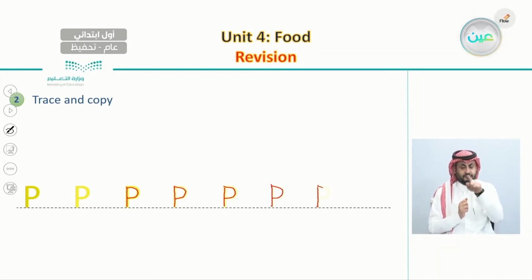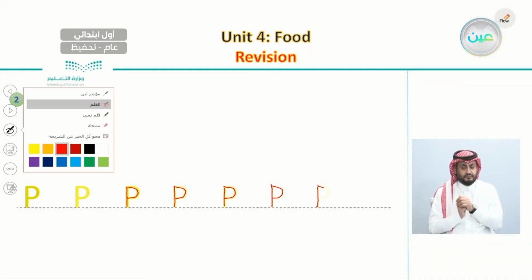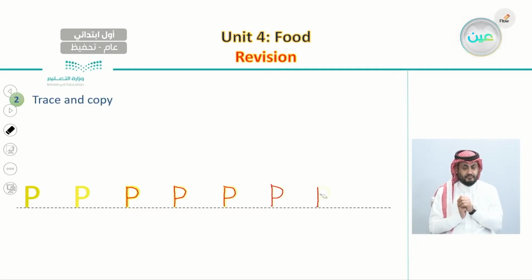You have to practice tracing so you can write the letter on your own without any mistakes. So now, after we finish tracing, we can go ahead and write the letter on our own.